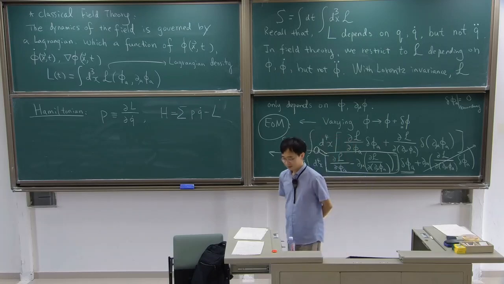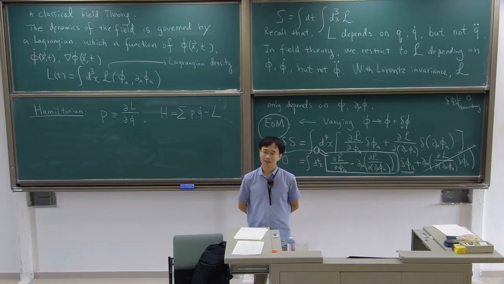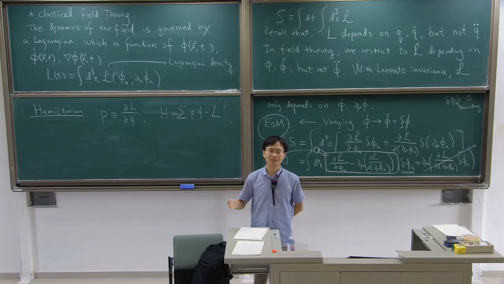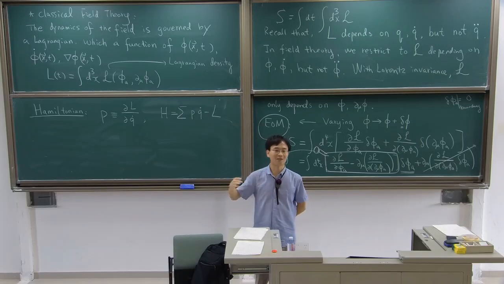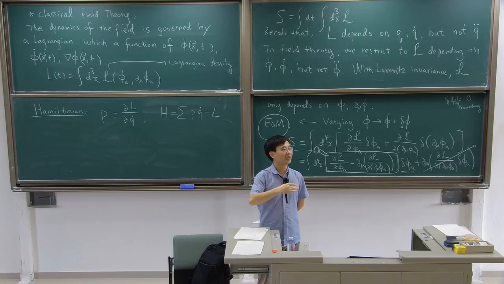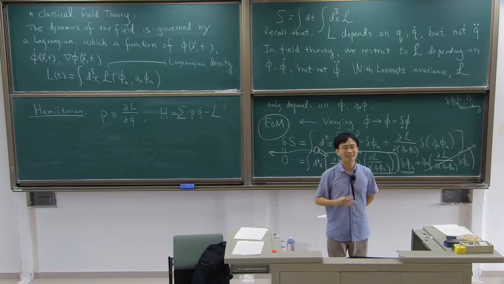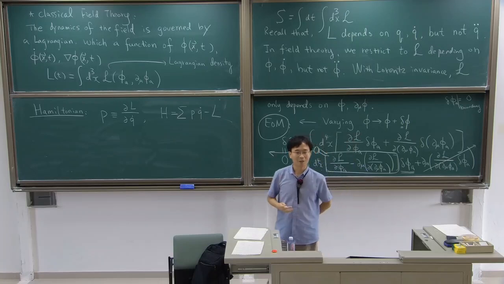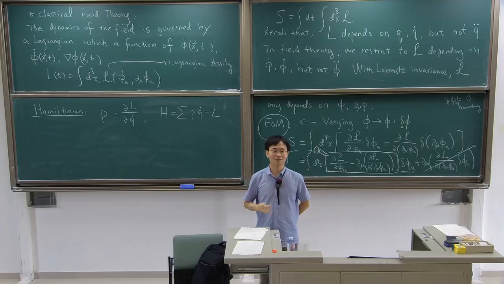To convince yourself, you can treat this continuum field theory in terms of some lattice system. In a lattice field theory, you can first pretend that this is classical mechanics with an infinite number of degrees of freedom.